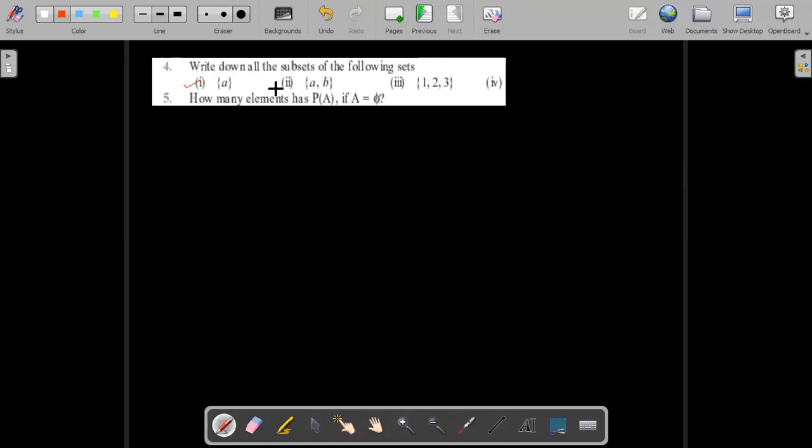You know that phi and A, it will have 2 raised to power 4 subsets, and this also, and other also. How many elements has PA if A is equal to null set? Then PA will have only one element, that is null set. So one element like this you can write.